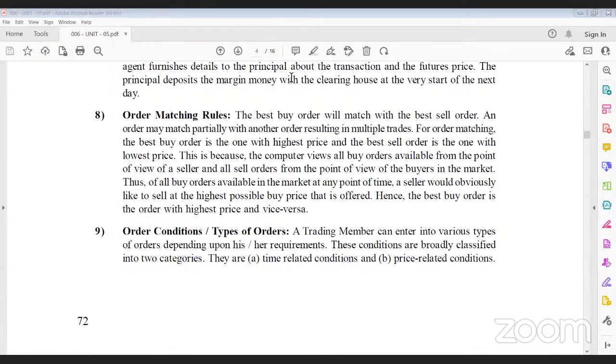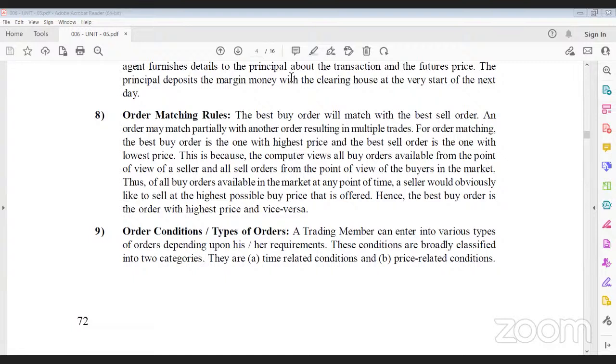Next we have order matching rules. Now, what is an order matching rule? The best buy order is the one with the highest price, and the best sell order is the one with the lowest price. Any order can match partially, or multiple trades can be the result.